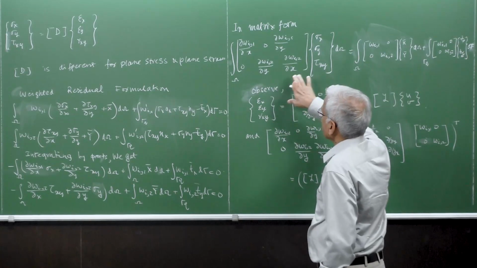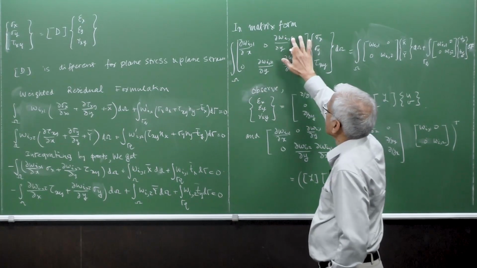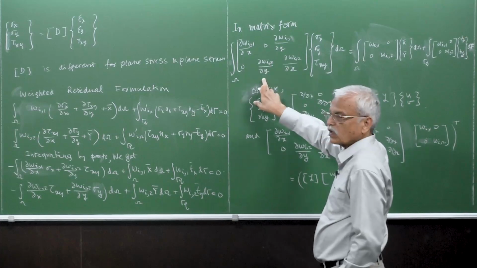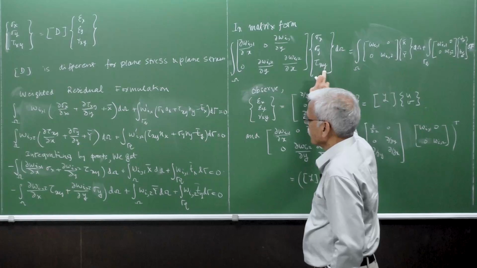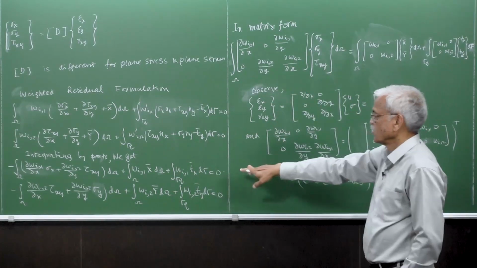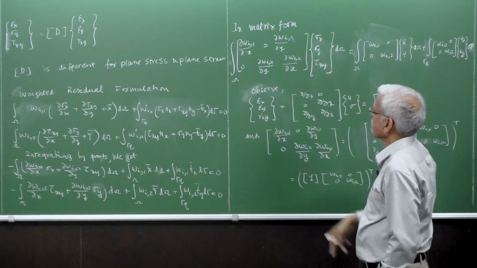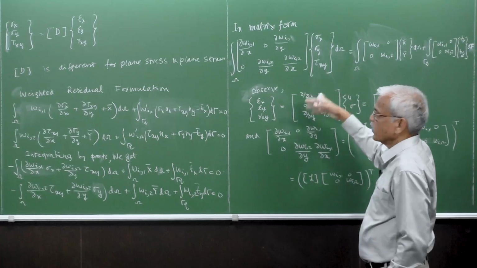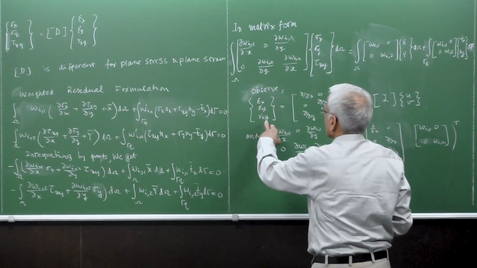So quickly in the matrix form, these are the two rows of weighting functions multiplying sigma x, sigma y, tau xy. This is exactly the same thing as before. The top row corresponds to the first equation and the second row corresponds to the second equation, so that we can write down the equations quickly and systematically.